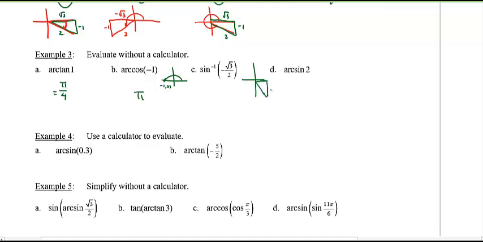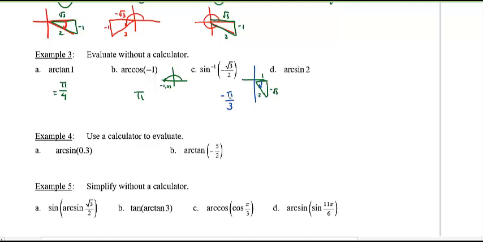The y value is negative root 3, the hypotenuse 2, the other side 1. What is this going to be? Wrong way. Remember, I have to go clockwise, which means my answer is negative. So we said negative pi over 3.